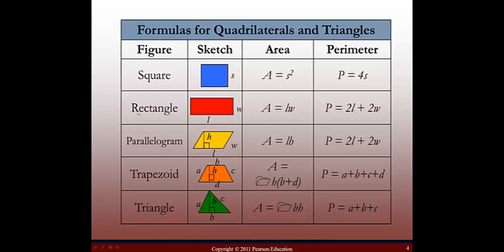And most of your homework, if not all of your homework, only deals with squares and rectangles, and you won't actually have to worry about parallelograms, trapezoids, or triangles. But these are the equations, and it tells you like L and H, and if you look at your picture, it has all of that labeled for you. So this is a wonderful reference tool for you to use when it comes to these problems.